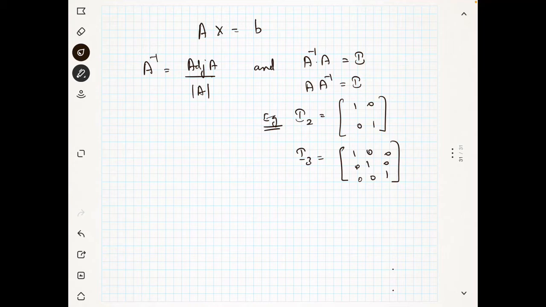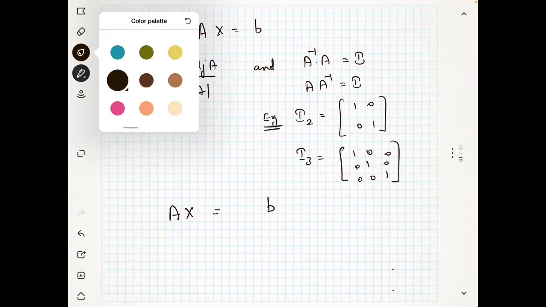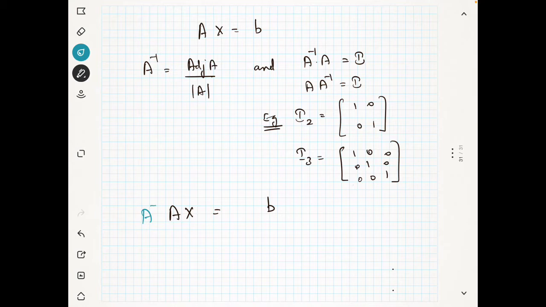Now we want to find our solution. This is my equation, A x is equal to b. I multiply both sides with A inverse.